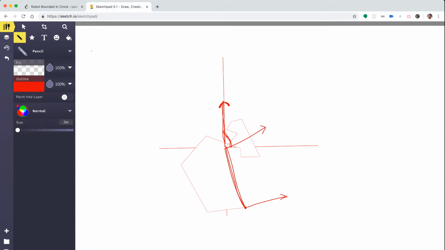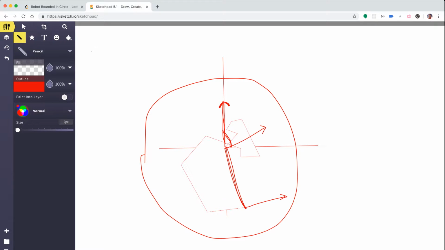Now, if we want to keep it within a circle forever, we need to at least move our angle by 90 degrees. If the angle is smaller, it cannot be kept within a circle.